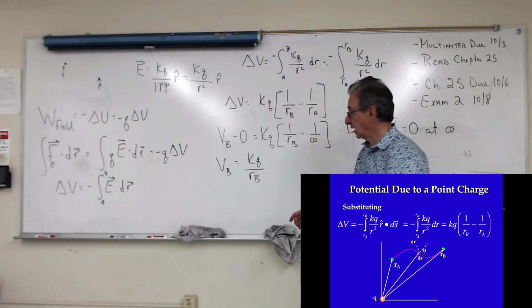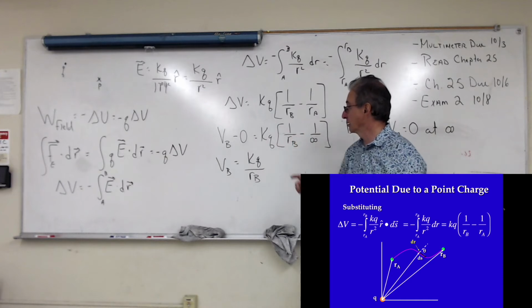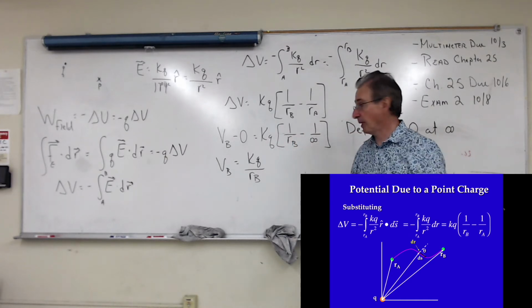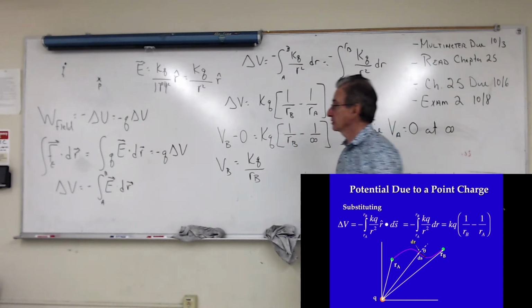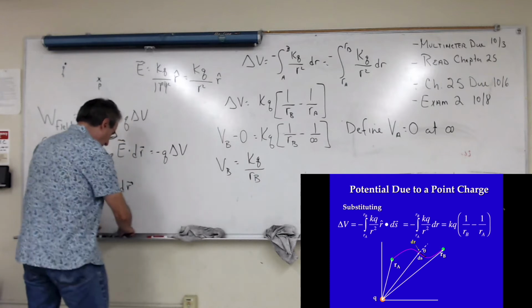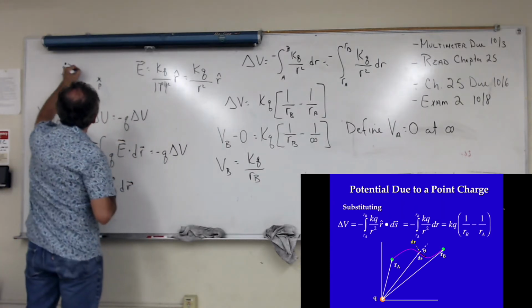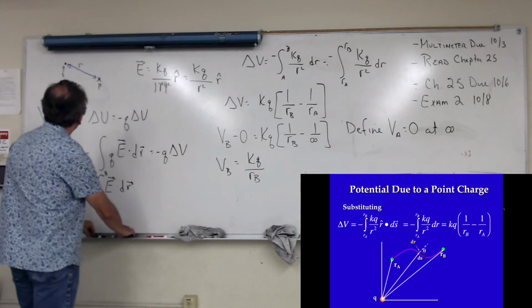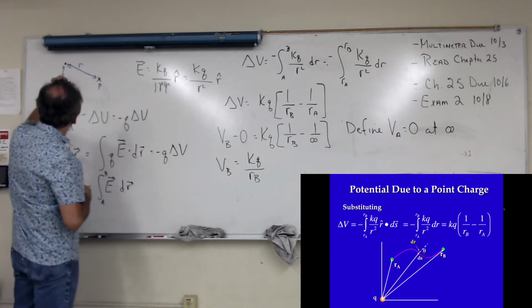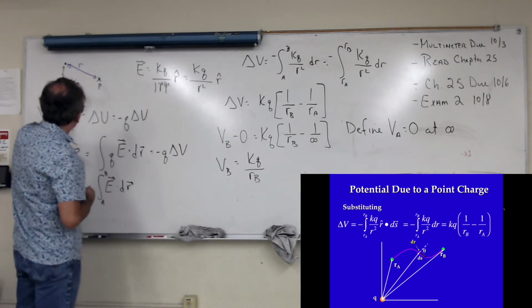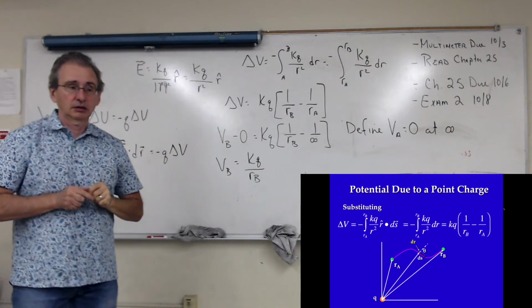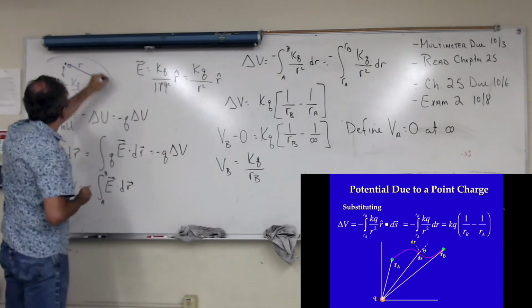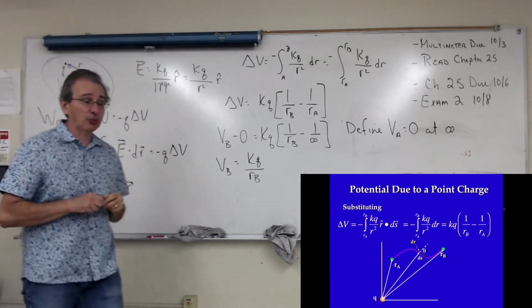And so then the potential at R sub b, or any point in space, is given by that equation. So if this distance is r, then the potential V is KQ over R. And so that's the electric potential for a point charge.